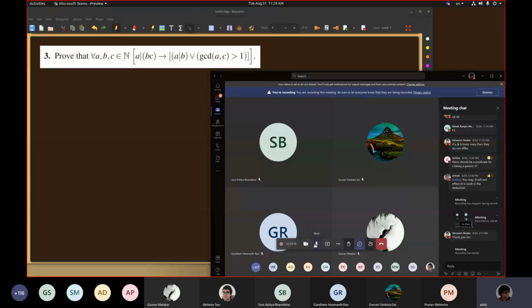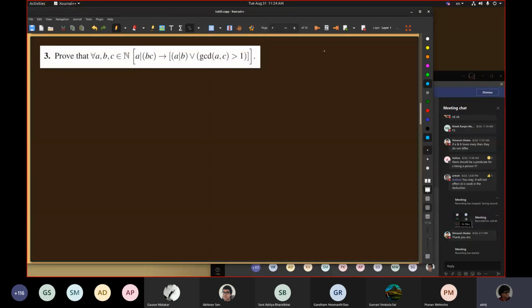Maybe I have used a notation here which is not yet introduced. Whenever I say some x divides y, this means y is a multiple of x.